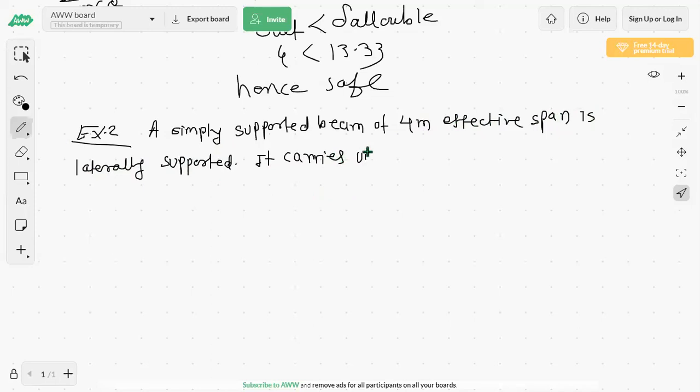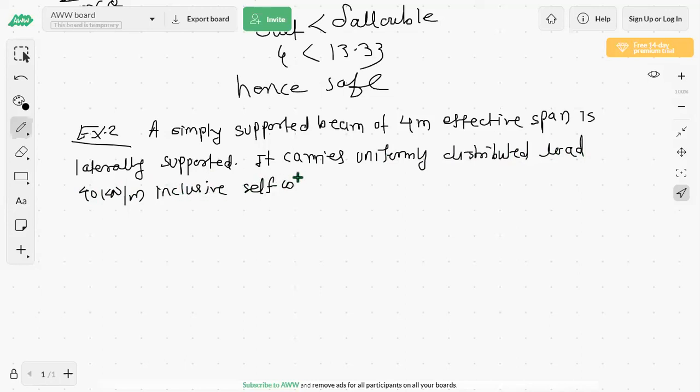It carries uniformly distributed load 40 kilonewton per meter, inclusive self weight, full stop. Design appropriate I section.